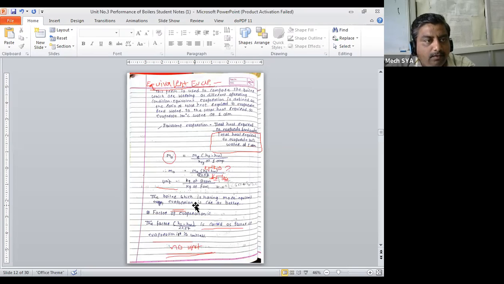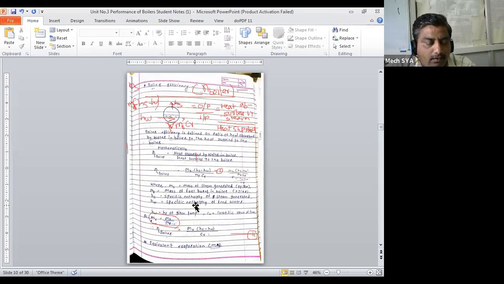It is defined as heat absorbed by steam divided by heat supplied, and is equal to ms into (hs minus hw) divided by mf into calorific value, where ms is mass of steam generated in kg per hour, hs is specific enthalpy of steam generated, hw is specific enthalpy of water, mf is total mass of fuel burnt in boiler in kg per hour, and CV is calorific value of the fuel in kilojoule per kg.